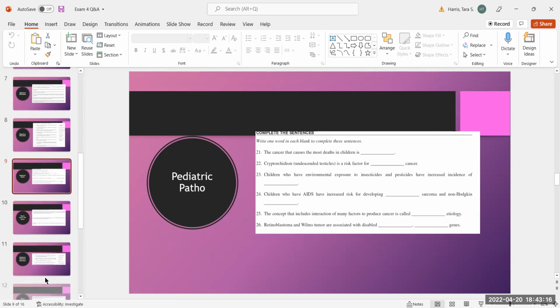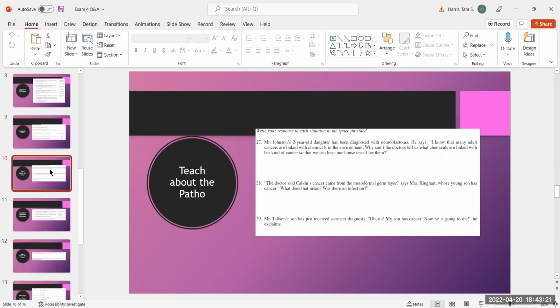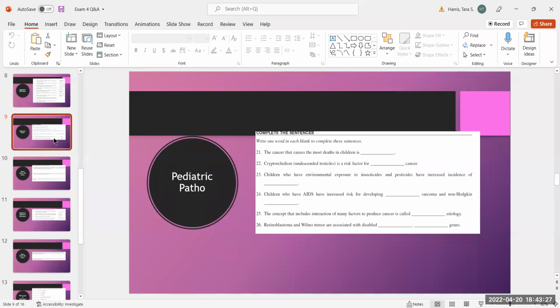As far as pediatric patho, you do want to know about neuroblastomas as well as retinoblastoma and Wilms tumor. Those are some common things that might show up on the exam. You also want to know about non-Hodgkin's.